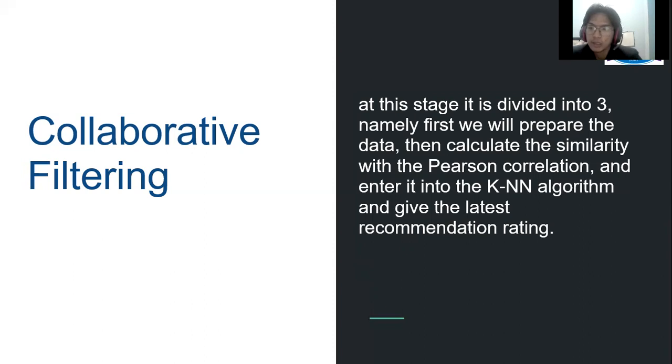We combine the KNN in collaborative filtering and it gives the last recommendation rating before the error calculation. After we get the KNN algorithm, the last recommendation rating is the final rating.